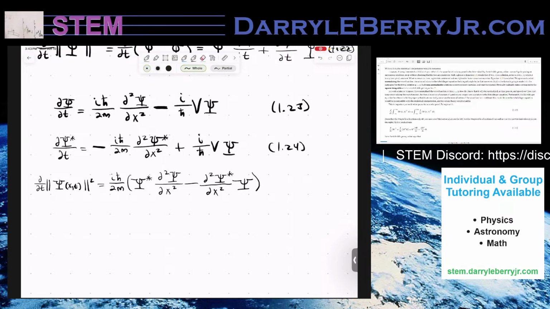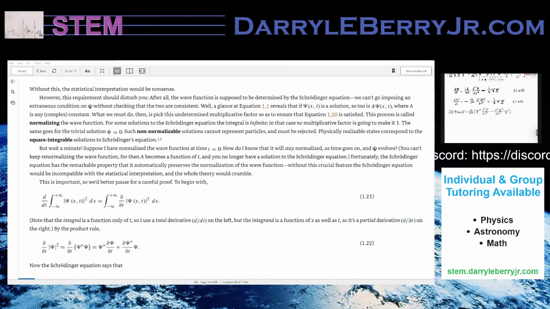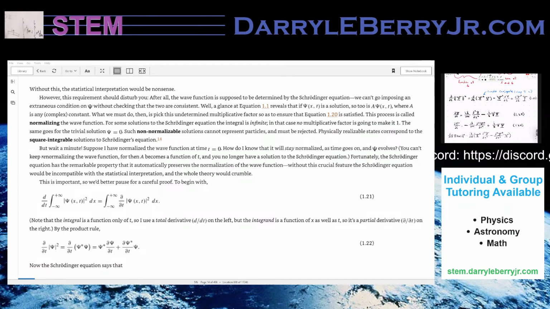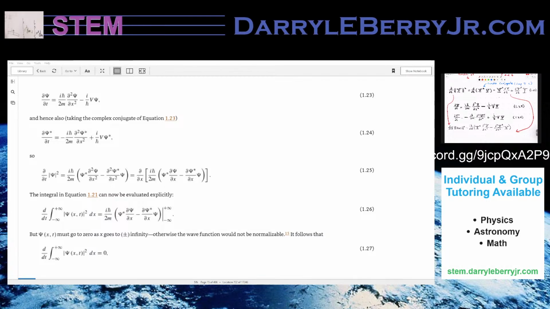And we know from the previous page that the partial derivative of psi mod squared is the partial derivative of a complex conjugate times psi, which is this. So it looks like what we're doing is simply plugging this into the second part. That's what I'm seeing here.